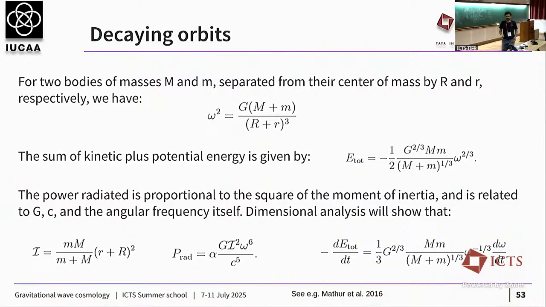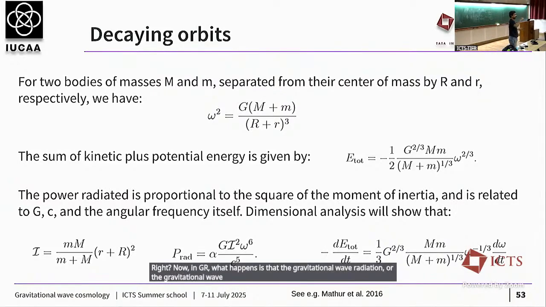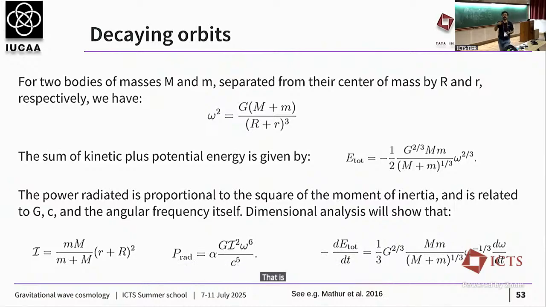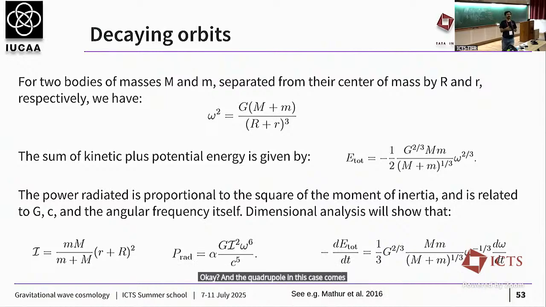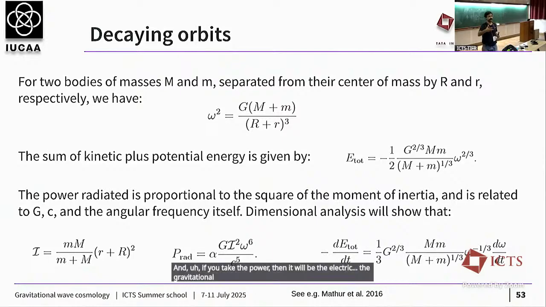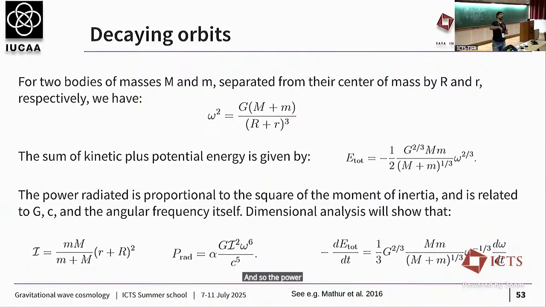Now in GR, the gravitational wave radiation or the gravitational wave field that is generated is related to the quadrupole of this mass distribution. And the quadrupole in this case comes out to be the moment of inertia. If you take the power, then it will be the gravitational field square. And so the power radiated is proportional to the moment of inertia squared.